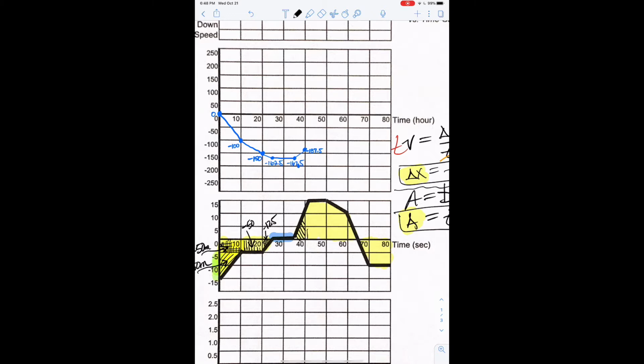Now, each one of these rectangles is still worth 50, right? I just got rid of all my highlighting. That's okay. All right, so we don't have to do this extra work here. This rectangle is going to be positive 50, and this rectangle is going to be positive 50.